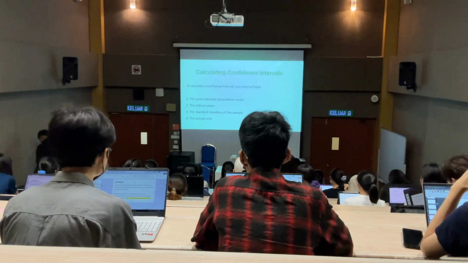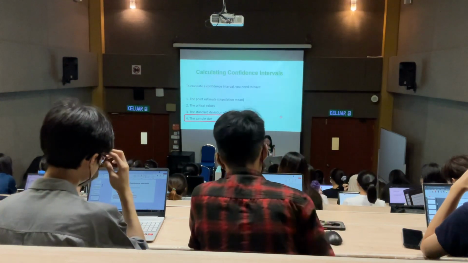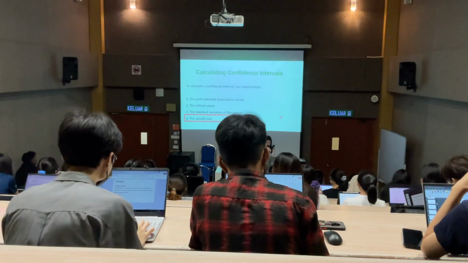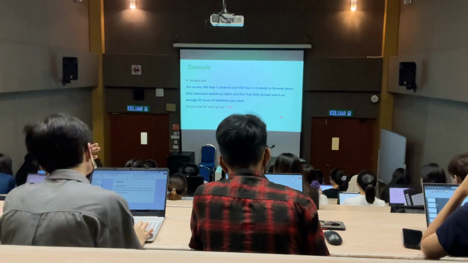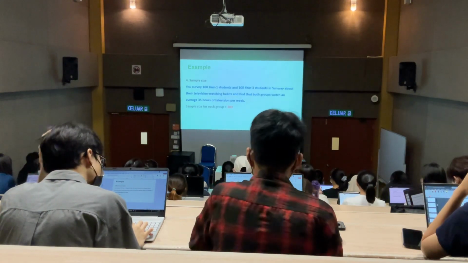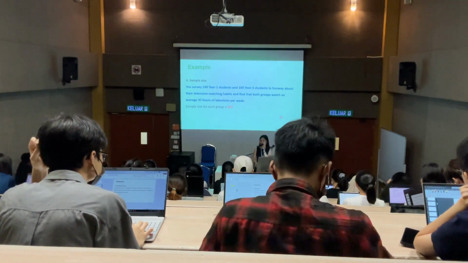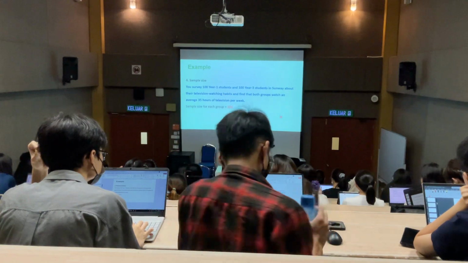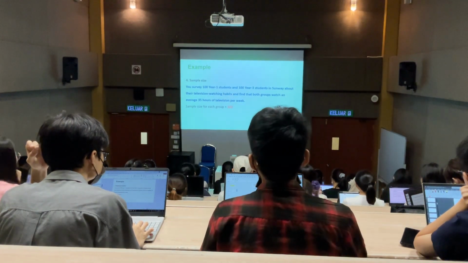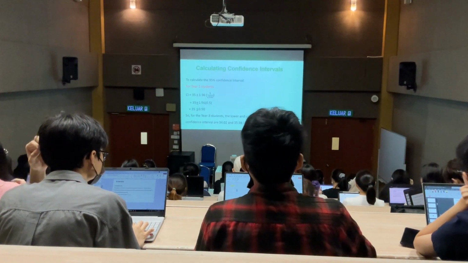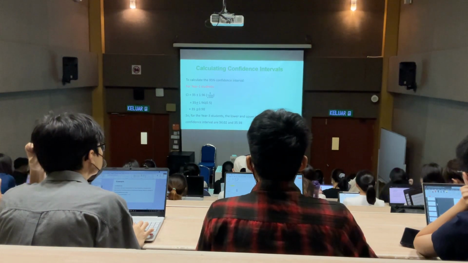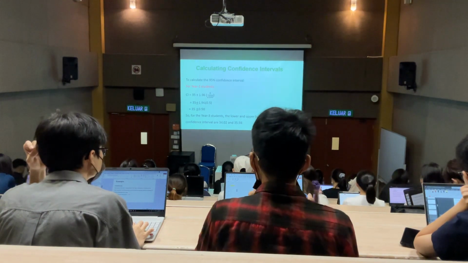And then next is the sample size, right? The fourth step is to identify the sample size. So what's the sample size here? It's 100 per group, 100 students per group. This is your N. So now you got everything. You just insert all into the confidence interval formula.